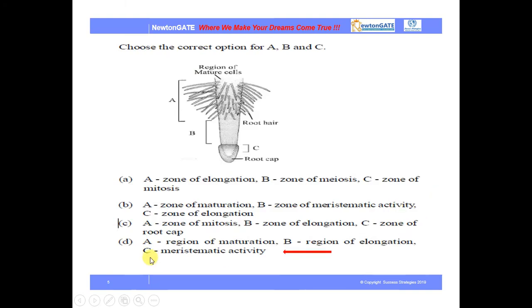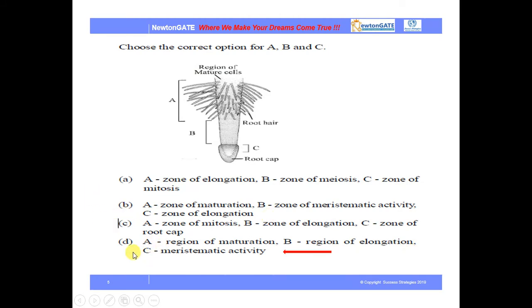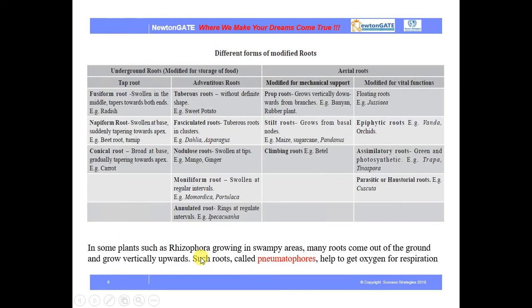And next they have asked about this portion above the root cap. So they have marked the region of meristematic activity as C. So your correct option will be D. A will be the region of maturation, B will be the region of elongation and C will be the region of meristematic activity. Okay, hope it is clear to you.